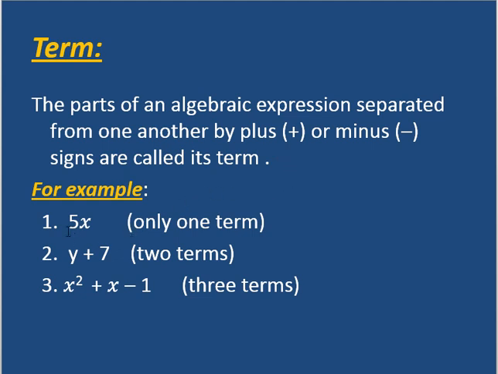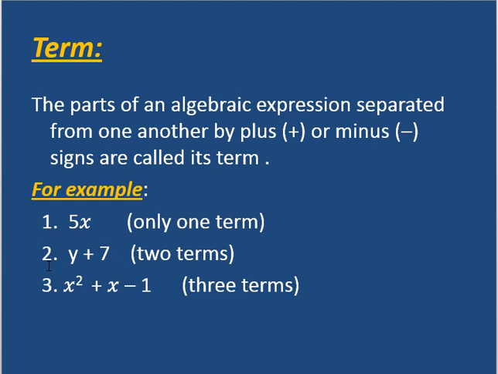You can see here in example number 1, 5x. We don't have any sign in front of 5, so we have plus sign here. So this whole is a single term or one term.